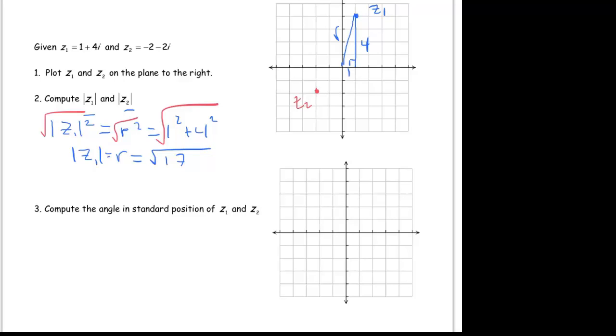And so we'll circle that. And to calculate z2, so that's a negative 2 and that's a positive 2, so we want r, and again we can use the Pythagorean theorem.